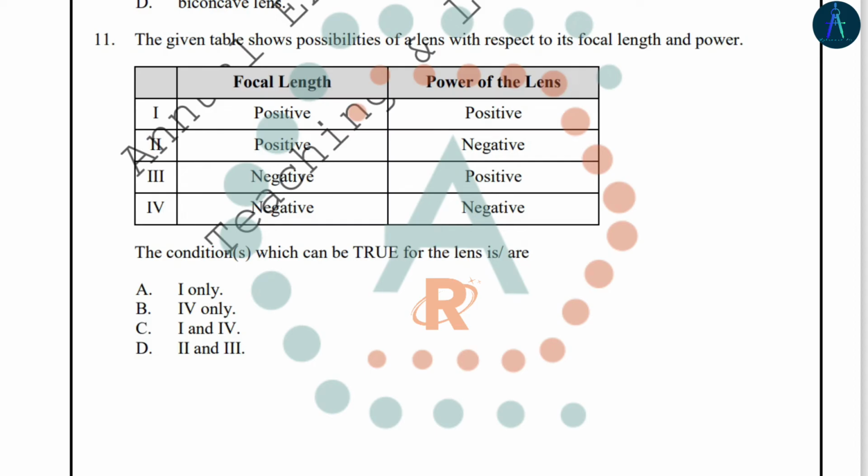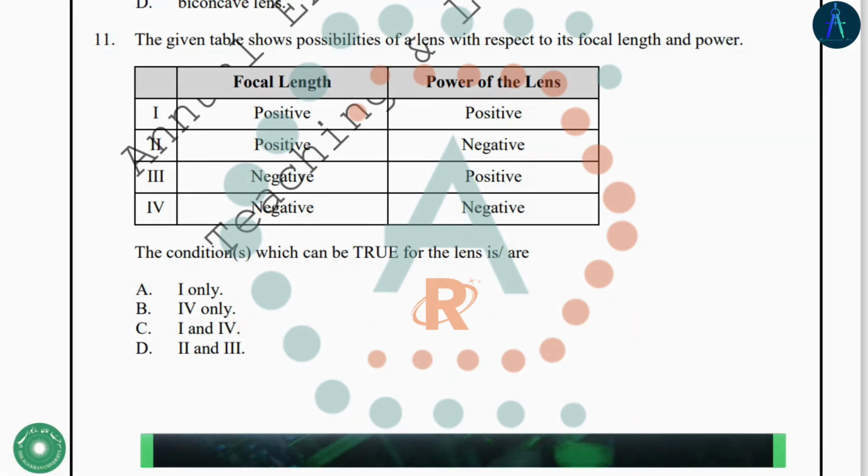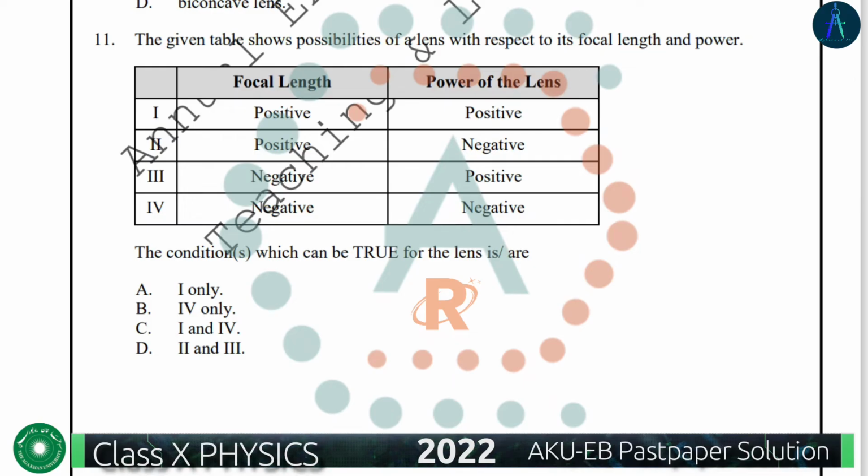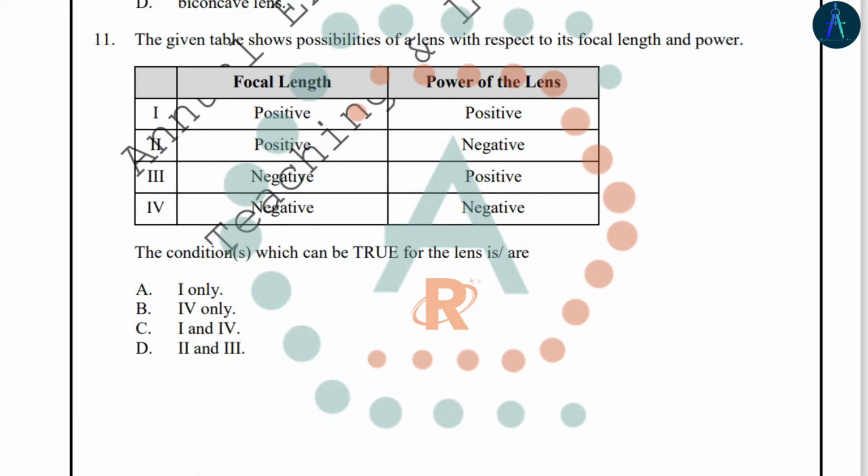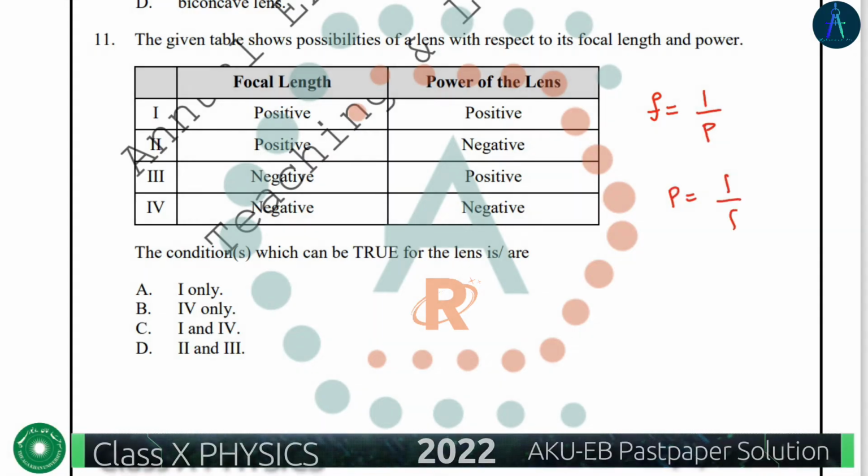The given table shows the possibilities of a lens with respect to its focal length and power. The focal length is positive and the power of the lens is positive. Then which of the following conditions can be true for the lens? We have to identify the condition that is true. We know that focal length is equal to 1 over power, or the power is equal to 1 over f.